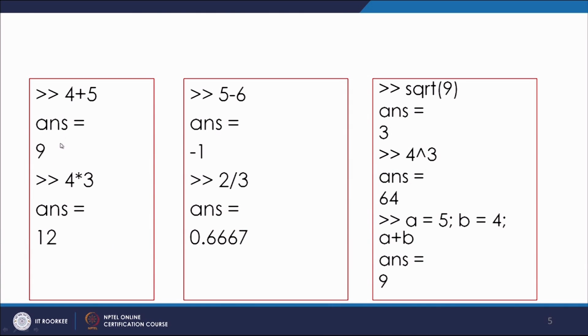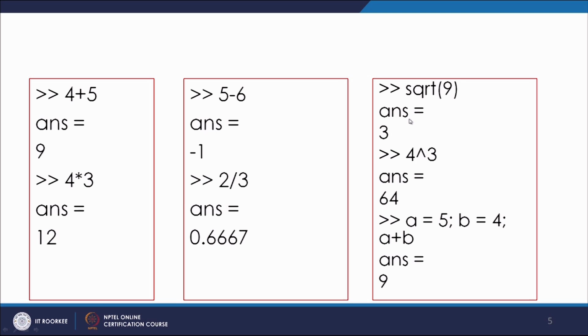Here are some basic, although very primitive, examples, just to give you an idea. Say 4 plus 5, you will get the answer 9. So, you can do addition, multiplication, subtraction and division, just like what we do in our calculators. Then there is the function sqrt with which you can find the square root, or you can use the power.